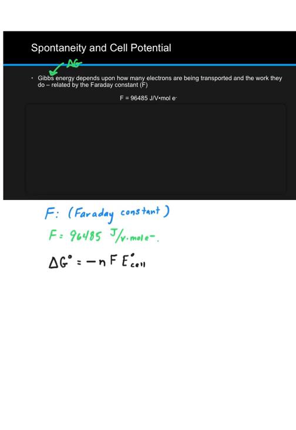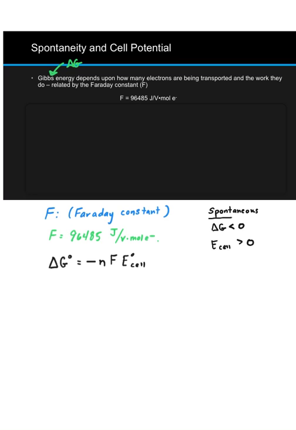So now we have two different competing measures of spontaneity. A spontaneous process has a delta G that's negative, less than 0, and it has an E cell that's positive in electrochemistry, greater than 0.